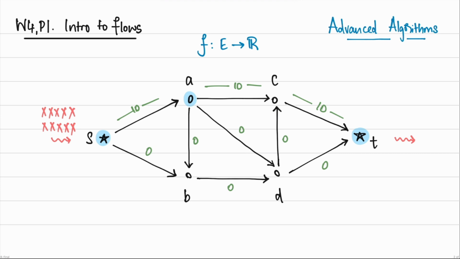And this is even more stark when you think of this as being, for instance, a pipeline network where you're trying to get a certain amount of water across, let's say, from the source to the target. And here, if the pipes have varying diameters, then there are going to be different values of flow that they can actually handle.